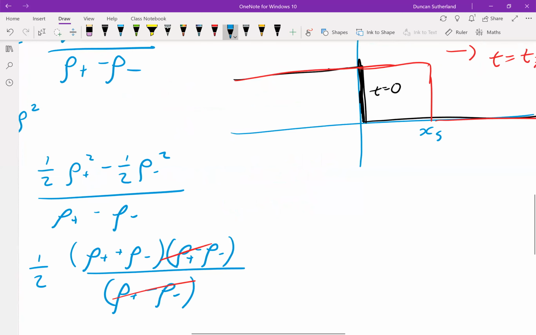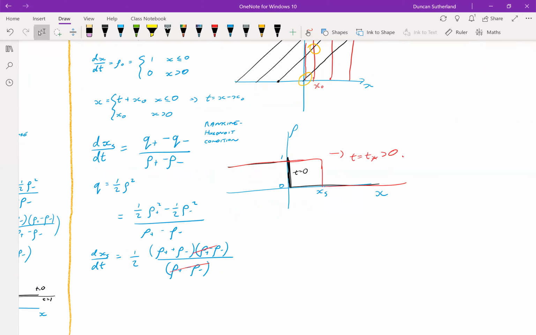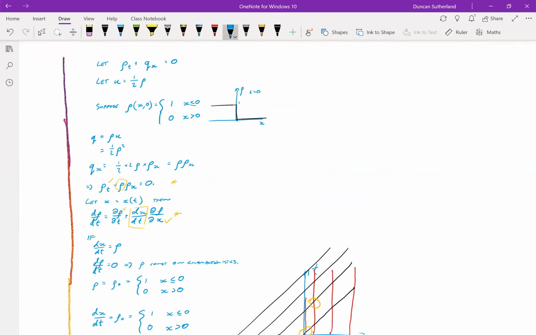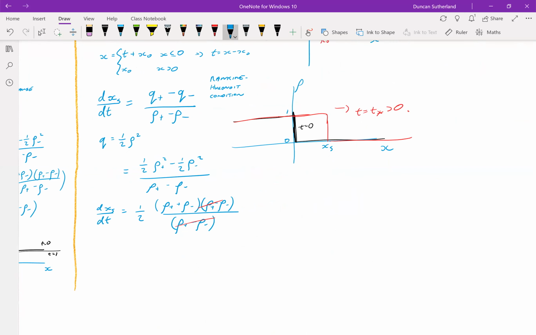We know that jump, right? We're going from rho 0 to rho 1. That's our initial condition, and it must be preserved. We're all constant on these characteristics. So this initial condition must just propagate at some speed, dx_s/dt, where x_s is the location of this shock wave.